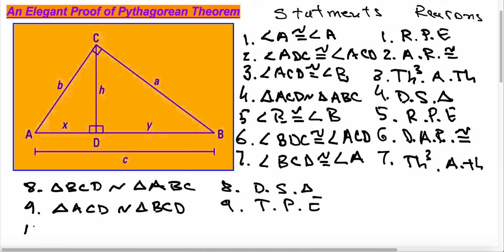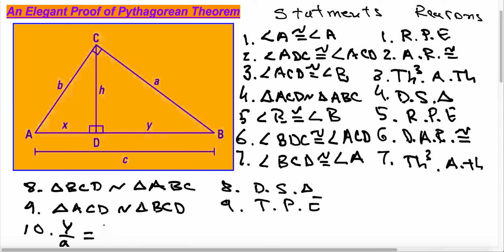Number 10. Now in number 10, because all these triangles are similar, their sides are proportional. And what I can say here now is this side y divided by a is equal with a divided by c.